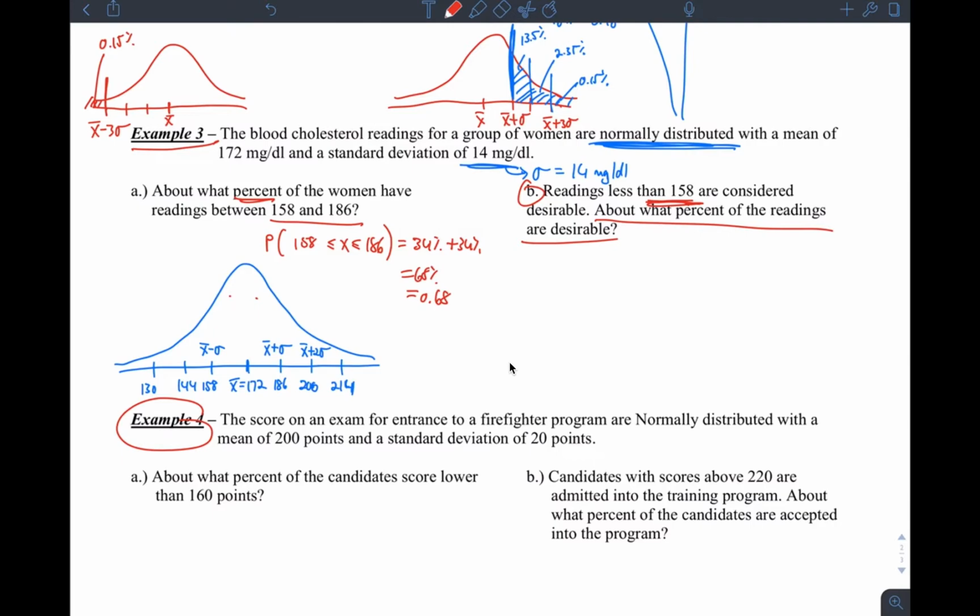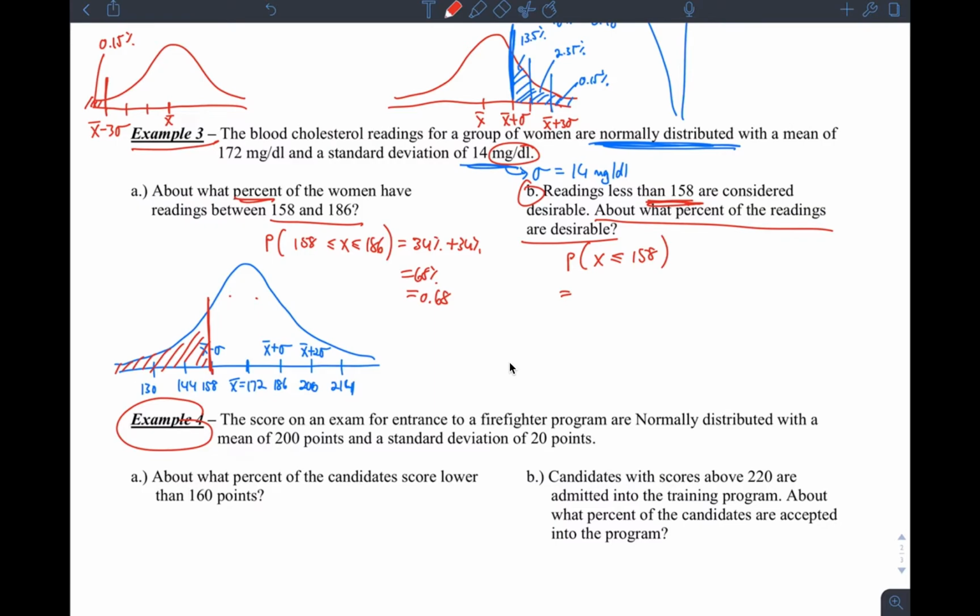This is the question: what is the probability that if I'm a randomly selected woman, that X, my reading, is less than 158, and that's 158 milligrams per deciliter? So what is that probability? We go to 158 and say this is the area of the distribution. Those are all the people that meet that criteria.